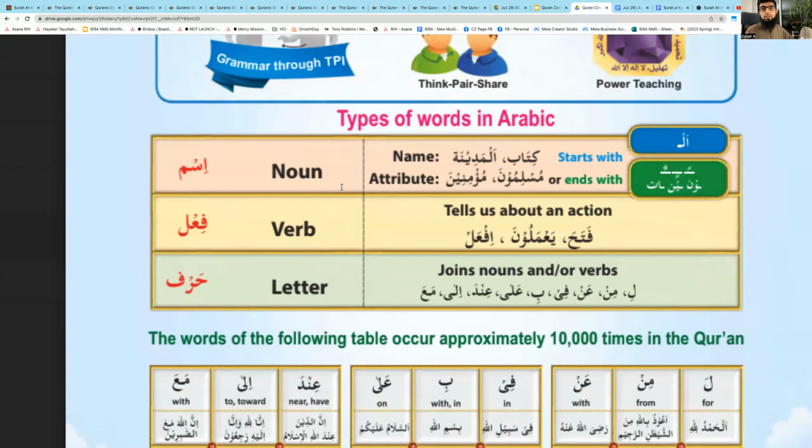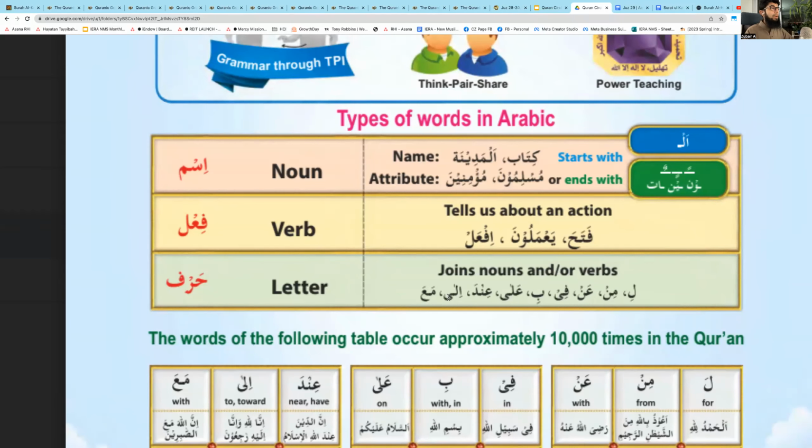Remember the Lego we talked about? Every word in the Arabic language will fall into one of these 3 categories. Either it's a noun, an object or a description, or it's a verb, describing an action, or it's a harf. Some examples of harf are li, min, an, fi, bi, ala, inda, ila, ma.